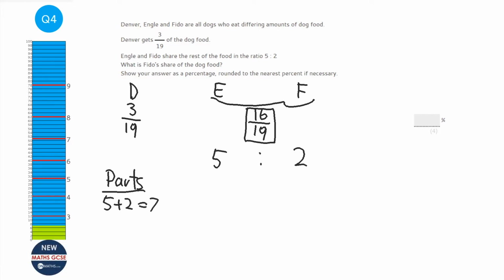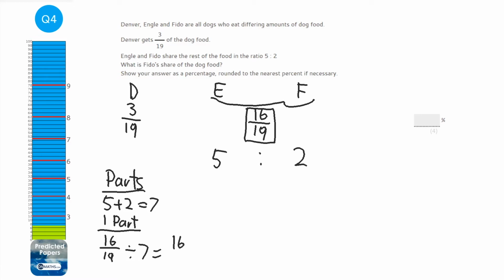So there's 7 parts altogether. Okay, and one part is going to be worth, as a fraction, 16/19 divided by 7. So 16/19 on the calculator divided by 7 gives us 16/133. So that's the fraction of each part.